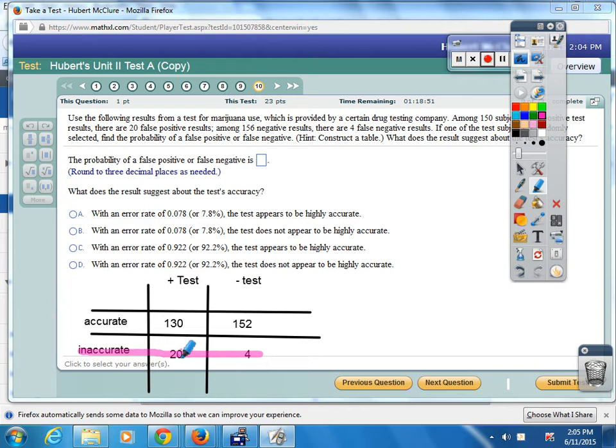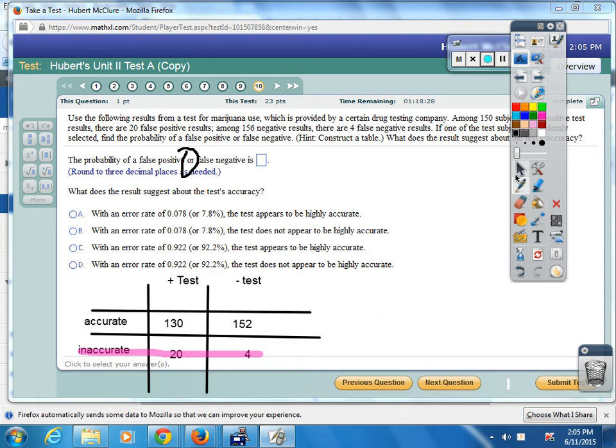So that's going to be 20 over what? We got to do 20 plus what? Yeah, it's additive law. What does it come out to be? 24 over, what did y'all add it up? 306?